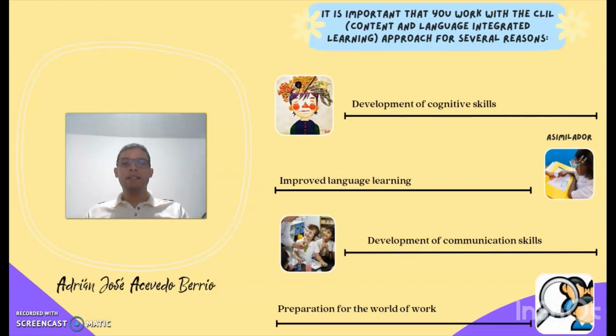As we can see in the picture of the presentation, here we see a person who has many things inside his or her head, and that is what we want to point out about development of cognitive skills.